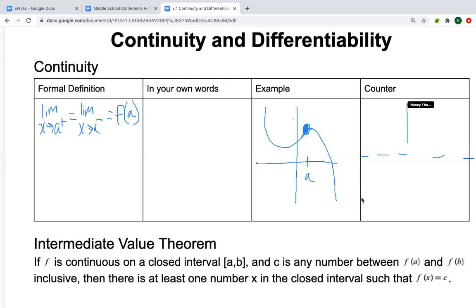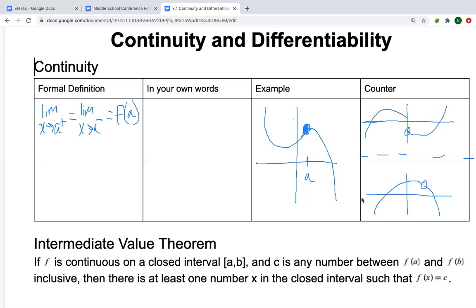This one up here would not be continuous because it approaches two different values. And this one would not be continuous because there is a hole in the middle of this. We'll talk more about discontinuities as well.